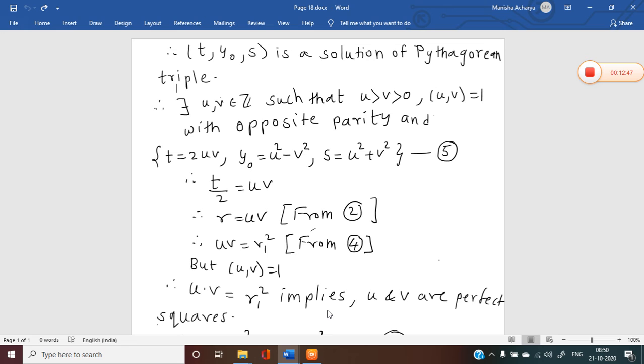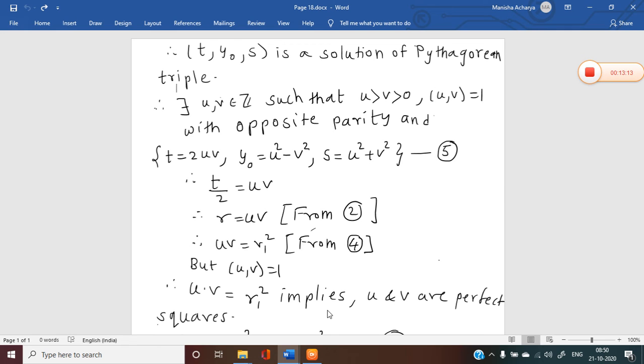So there exist integers u and v, positive, with the condition u greater than v greater than 0, and u and v are relatively prime, that means they are of opposite parity. Then, applying the same theorem, t is an even value, y0 is equal to u square minus v square, and s is equal to u square plus v square. Call this equation 5.